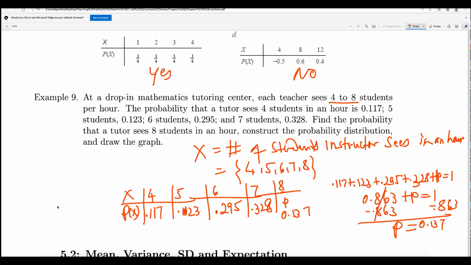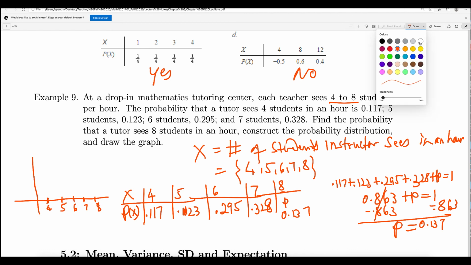It says also draw the graph. So how do you draw the graph? You mark 4, 5, 6, 7, 8, right?